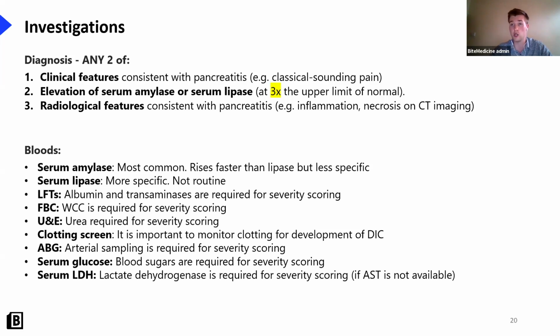It's just a measure of tissue damage. And serum calcium levels as well would be useful, not only for severity, but also if they're sky high, that might give you a clue as to what the cause of pancreatitis is. As you'll remember from I Get Smashed, one of the H's was hypercalcemia.